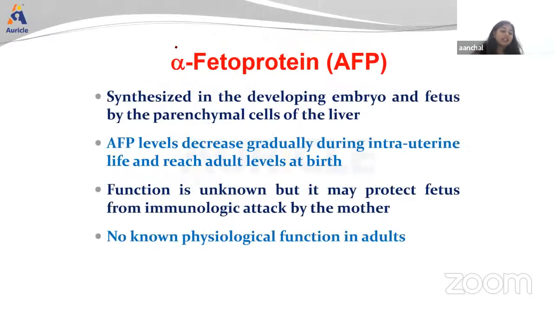Then we are discussing the other forms of globulin, in which first we have alpha-fetoprotein. This is synthesized in the developing embryo and fetus by the parenchymal cells of the liver. The level of this fetoprotein decreases gradually during intrauterine life and reaches adult level at birth. The function is yet unknown, but it may protect the fetus from immunological attacks by the mother, and no known physiological function is present in adults.